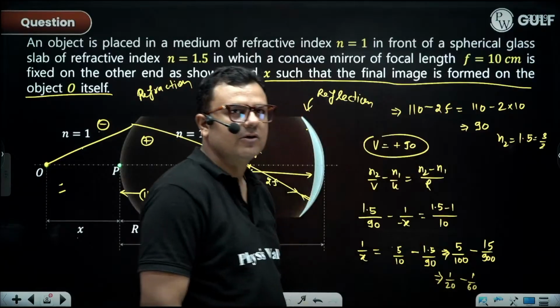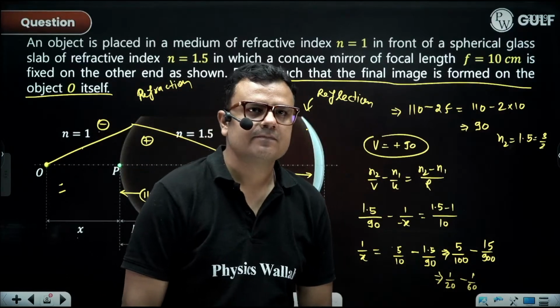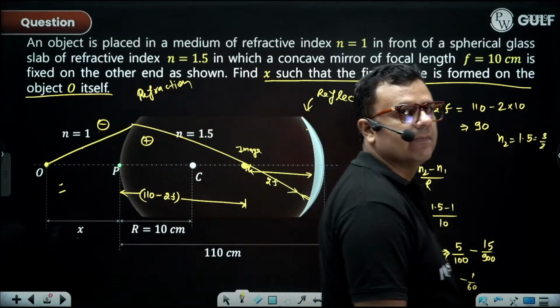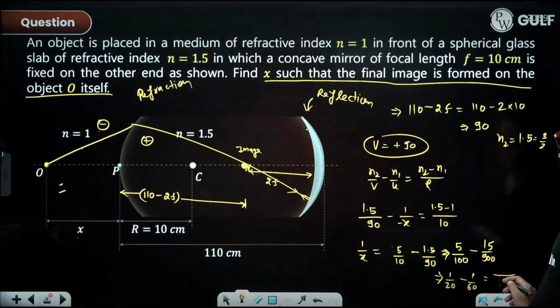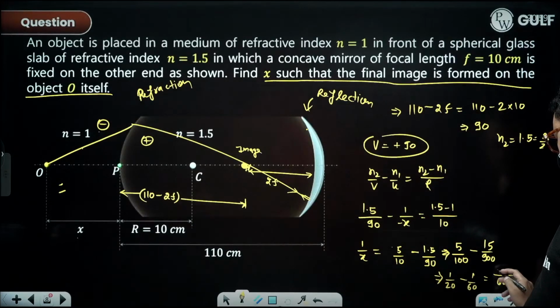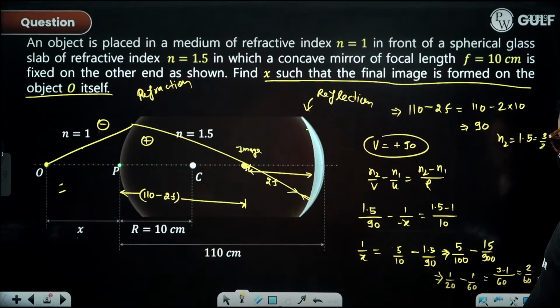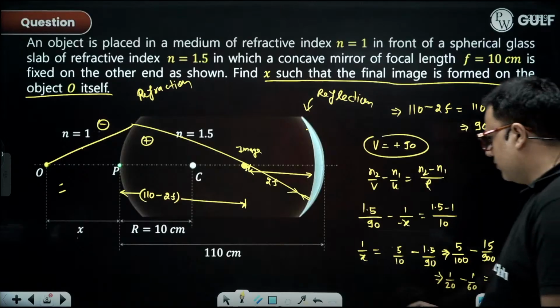Is it clear or not? Then the LCM is 60. 3 minus 1, 2 by 60, that is nothing but 1 by 30. So your x value will be 30.